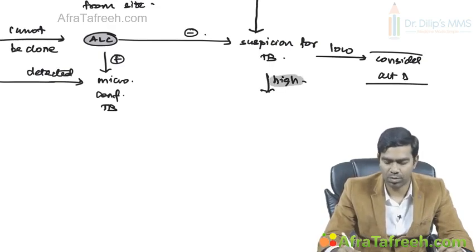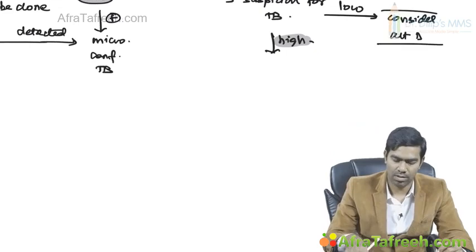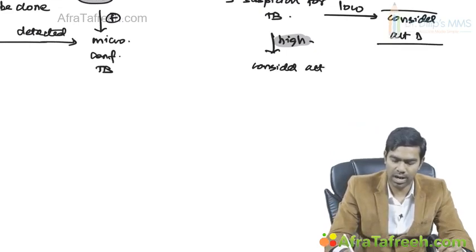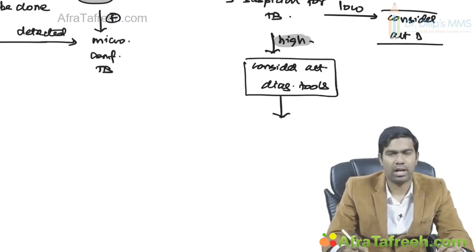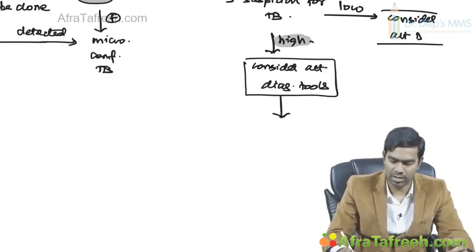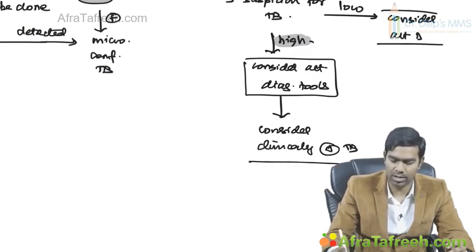If the suspicion of tuberculosis is extremely high in this scenario, then I can try to diagnose by alternative diagnostic tools, and I can even try to label these patients as clinically diagnosed TB.